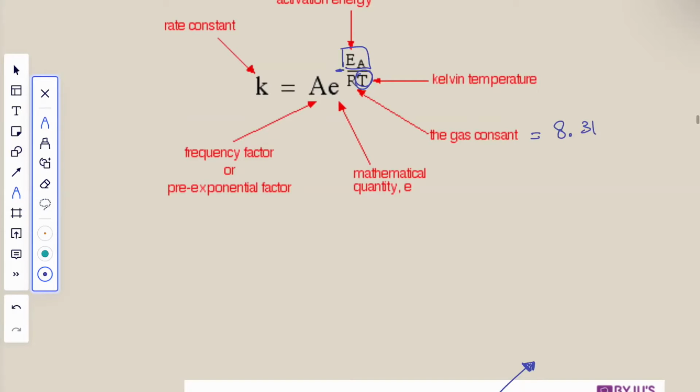Okay. This E, you know, right? The E from mathematics, the really long number. Yeah, 2.7, blah, blah. This activation energy, you calculate later.